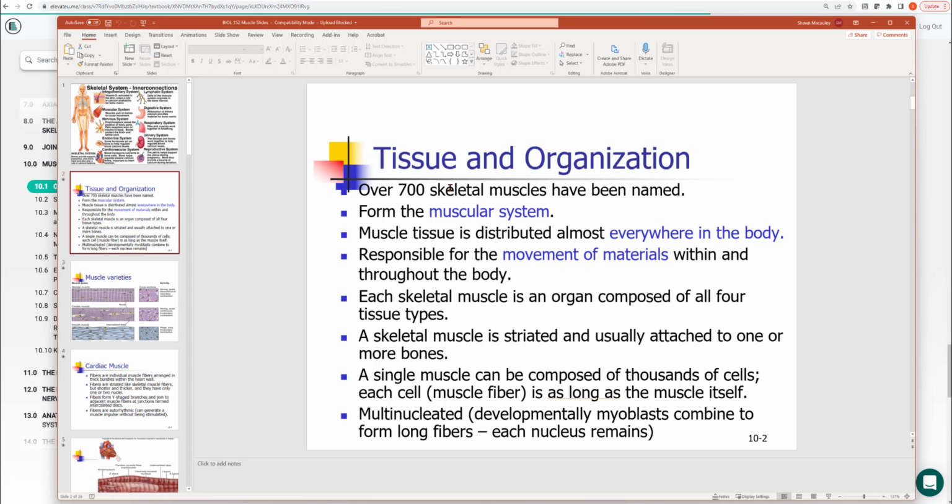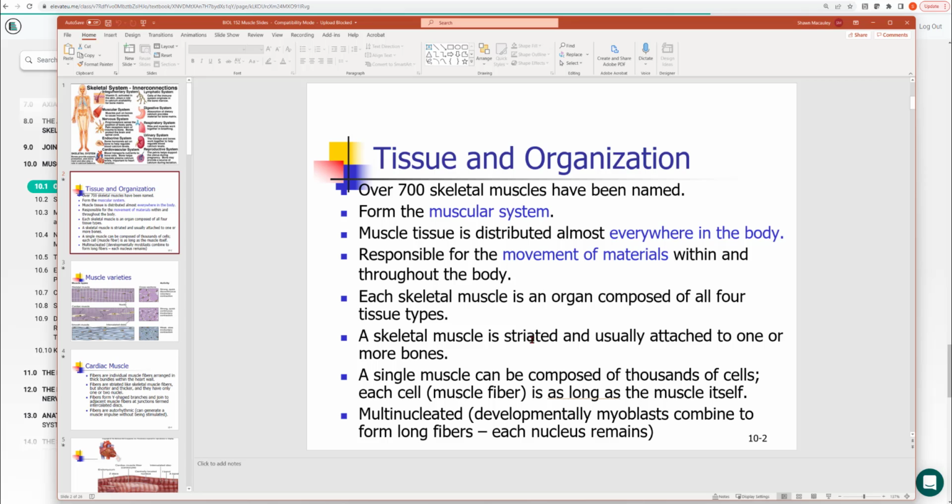The muscles that we are learning in the lab, in labs 4 and 5, are the more superficial muscles. Most of them you can identify from surface features of the body. And this is in general, but we're going to be focusing mostly on skeletal muscle.